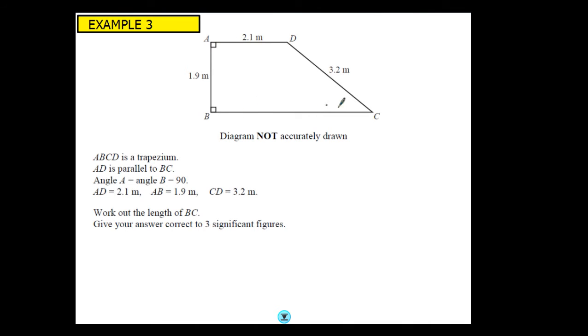But is that really going to help me find these? Not directly. We probably could use it in a long-winded way. Maybe if I drew a line from here to here, well, that doesn't really seem to help because I haven't got this length, and then we don't have a right angle triangle, so it makes it more awkward to find. So the only place I can think of is if I do a line down here, will this help me?